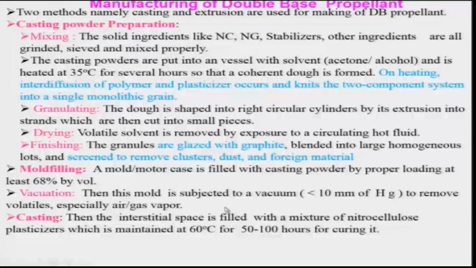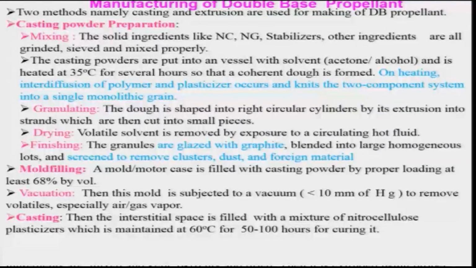Curing is very important, such that the interstitial spaces are filled and the cross linking of the polymer occurs so that it can be properly made.